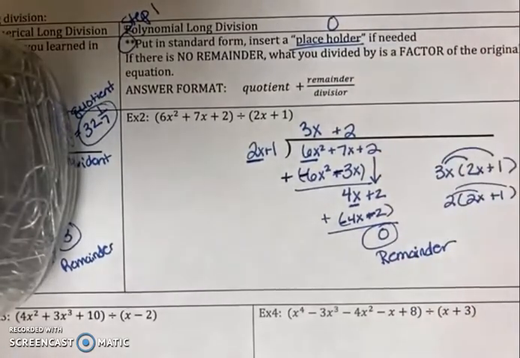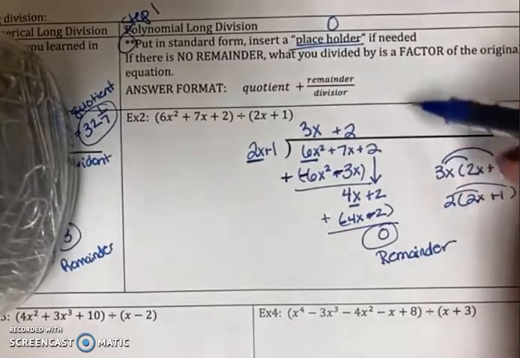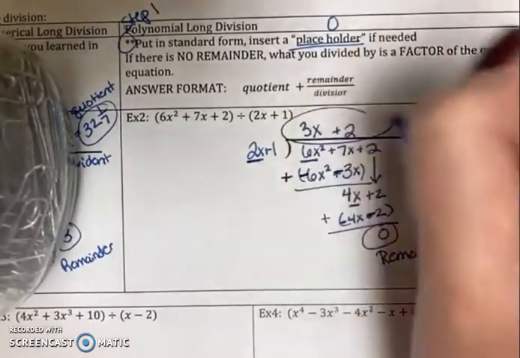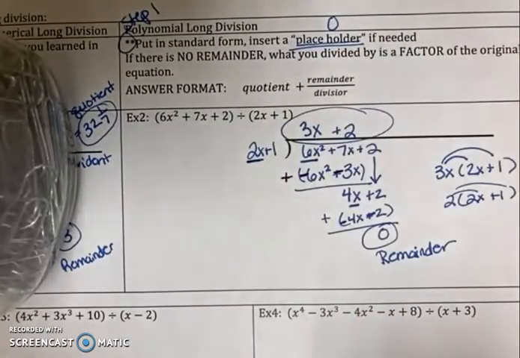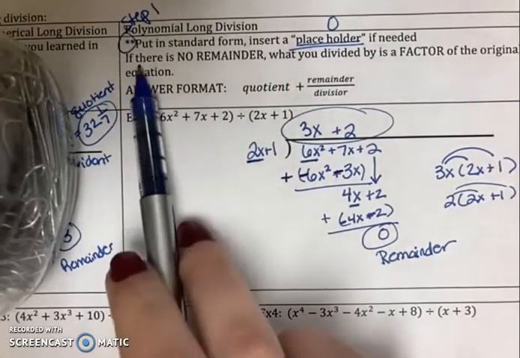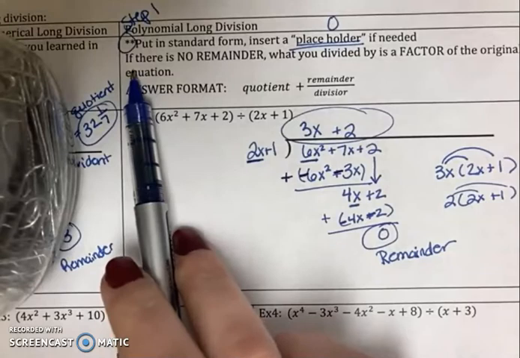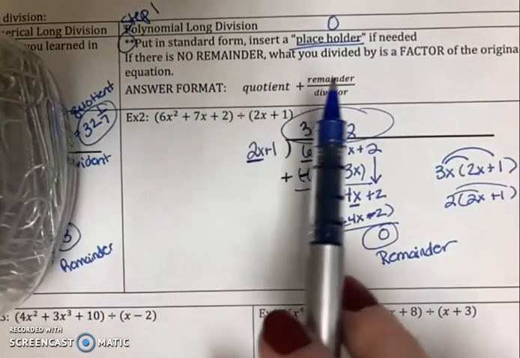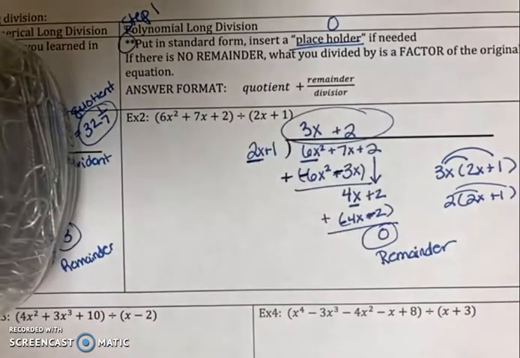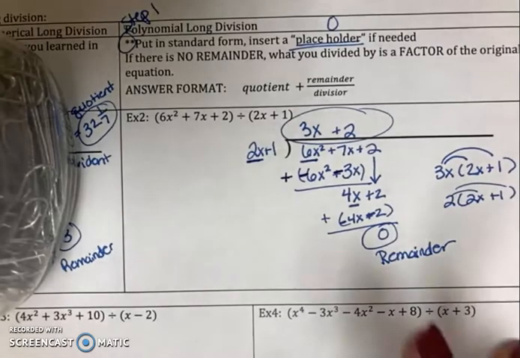Whenever you have a 0 for a remainder, you don't have to write anything afterwards. This would be my quotient. And because 0 was the remainder, I made a note up here that it means that we have a factor. We found a factor to the equation. And we'll talk more about that when we see synthetic division.